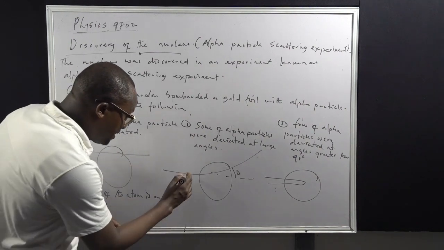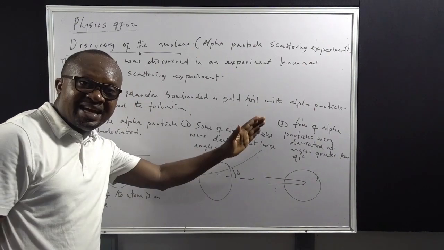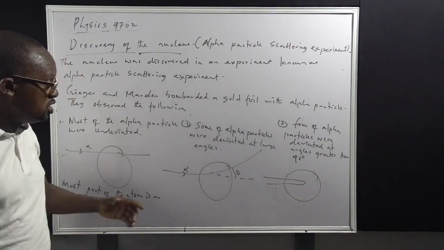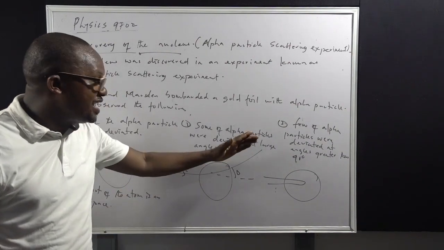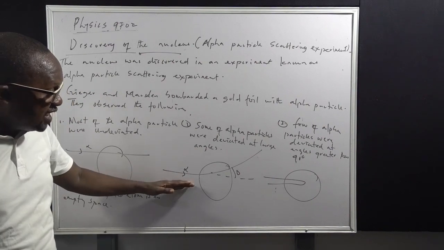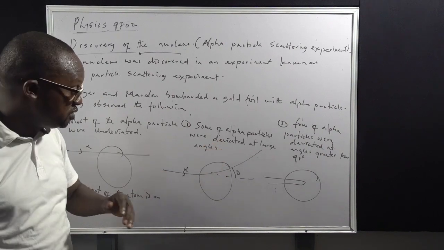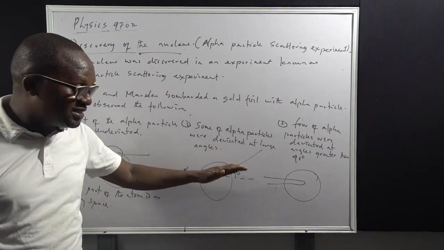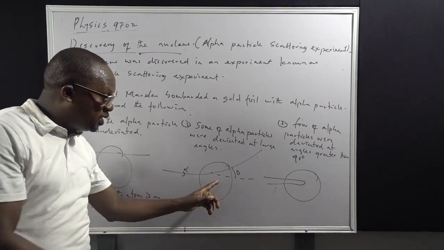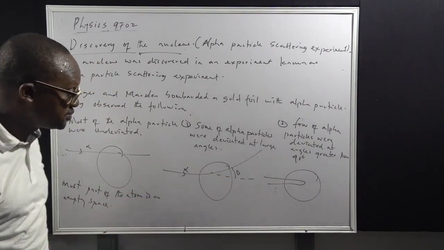Some of the alpha particles, which are positively charged entities, were deviated at large angles. What does that show you? Does it show attraction or repulsion? Repulsion. For the alpha particles to have been deviated, that shows that there must be a positive core inside the atom responsible for that deviation.